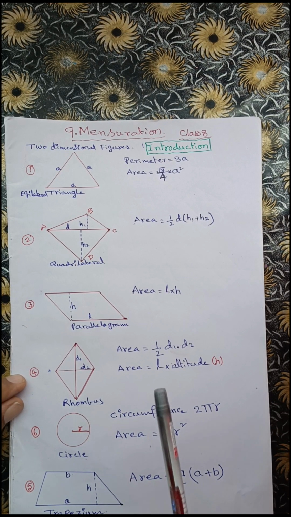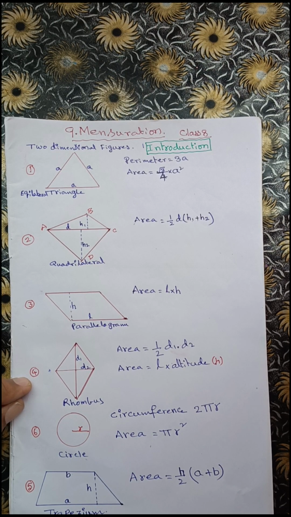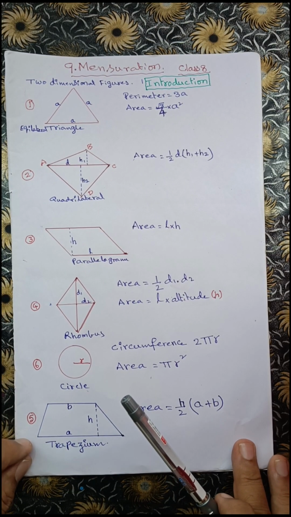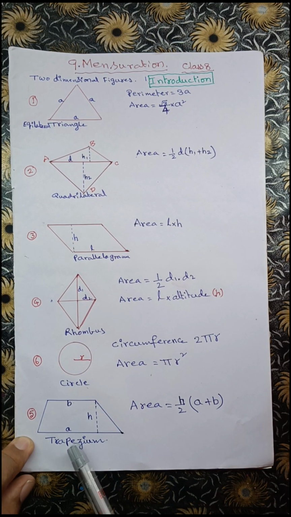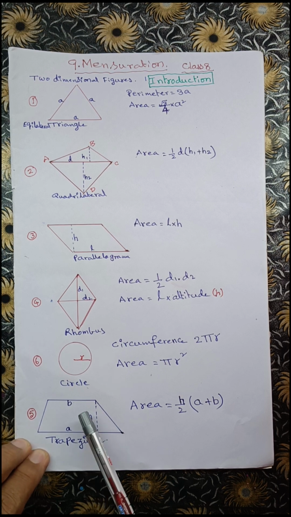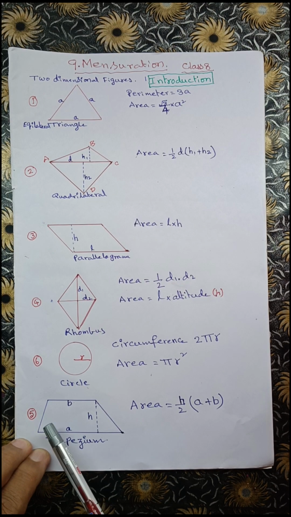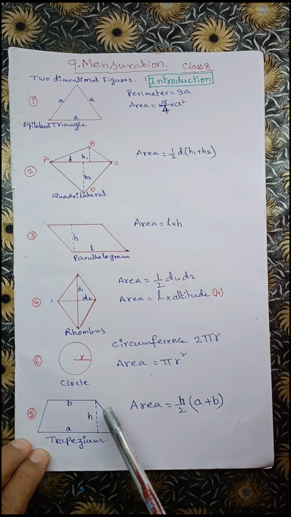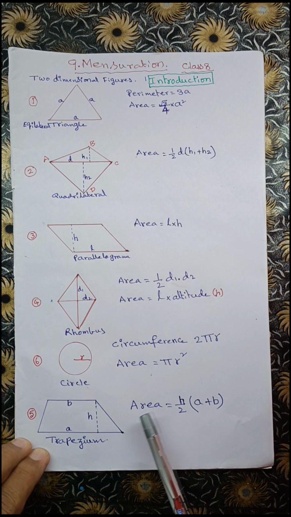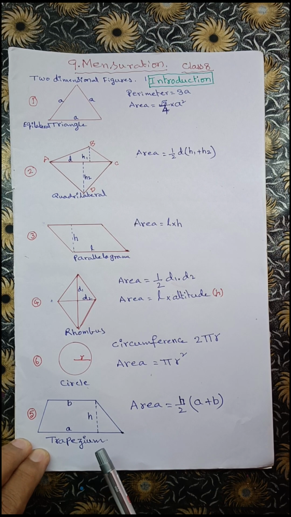So, this is rhombus. Next, we can see the fifth figure, trapezium. What is trapezium? In this trapezium, only one pair of opposite sides are parallel, but they are not equal. The other pair is not parallel and not equal.